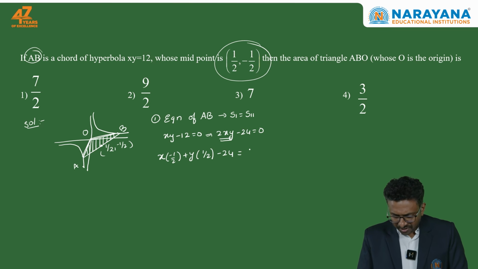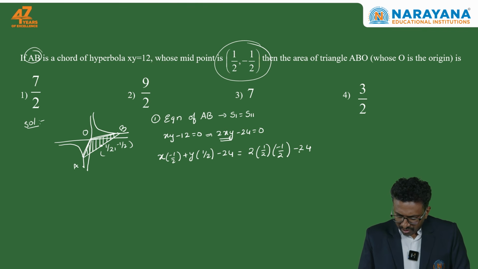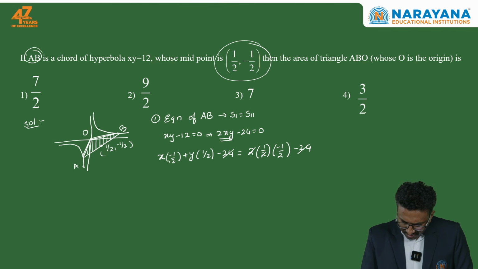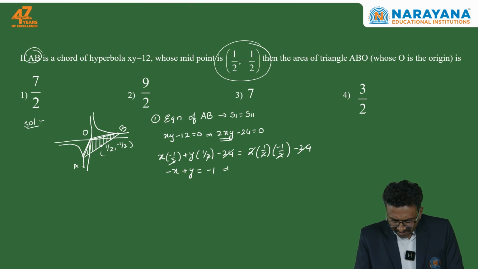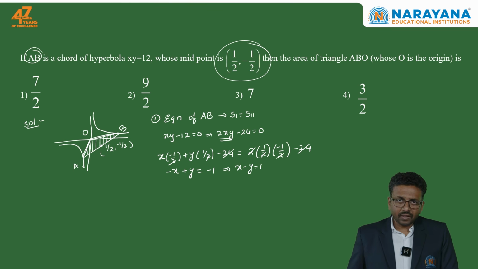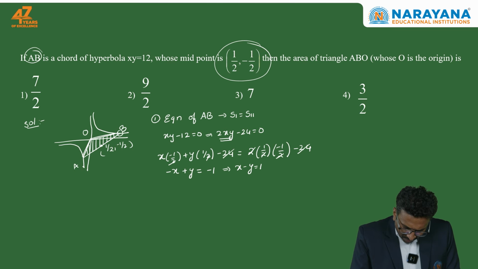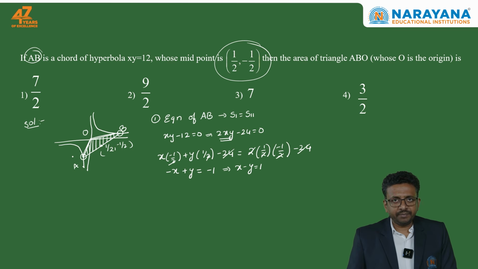S11 is a complete substitution: 2 into, in the place of x you substitute 1/2, in the place of y you substitute minus 1/2, minus 24. So these two get cancelled, the 2 and 2 get cancelled. You can see this 2, 2 and 2 are also getting cancelled. So you get the equation minus x plus y is equal to minus 1, which implies x minus y is equal to 1.